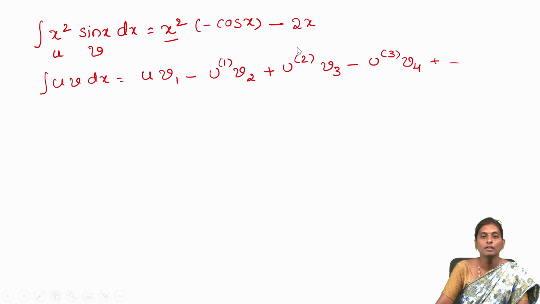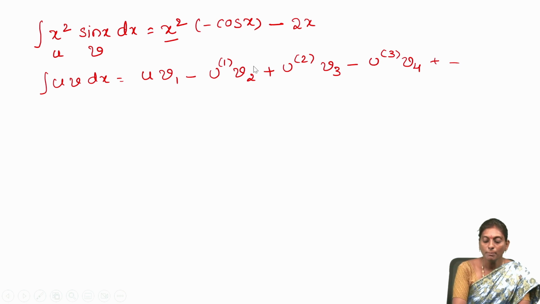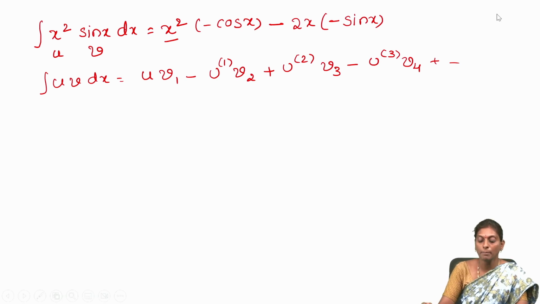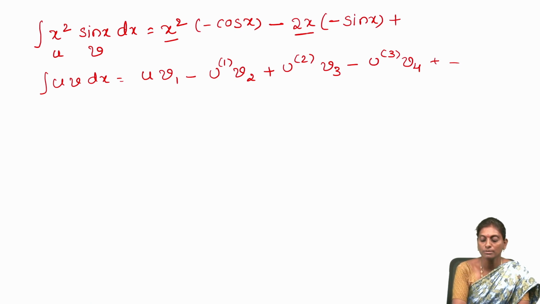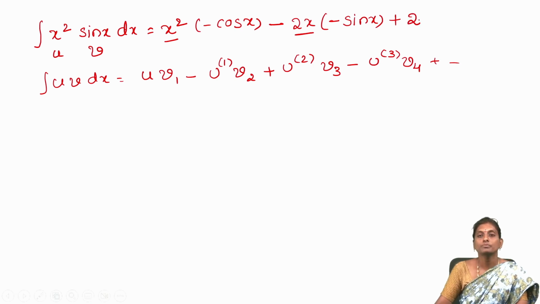u1 means u differentiated, and the integration of v1 is called v2. The integration of minus cos x is minus sin x. After that the symbol is plus, and the differentiation of u2: the differentiation of 2x is 2.